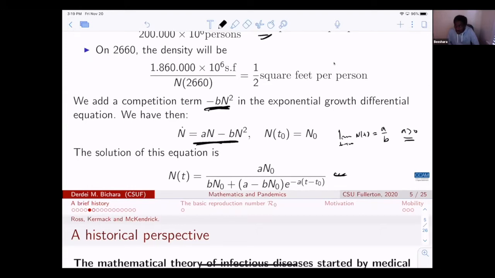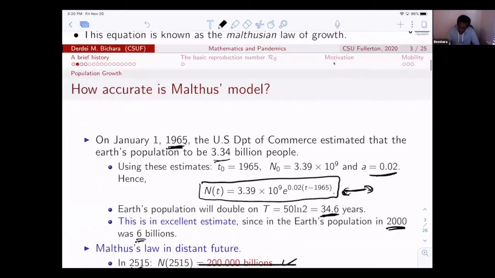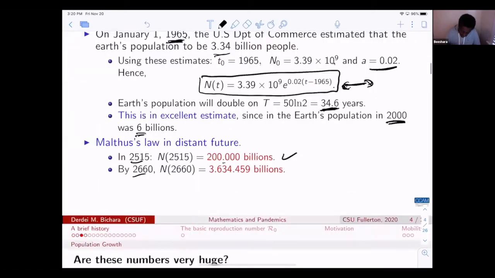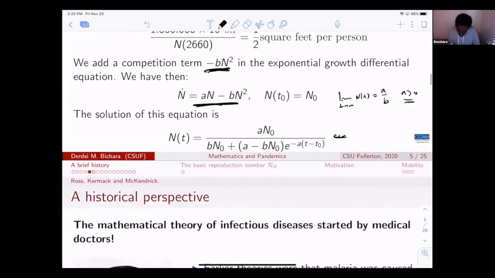So that means the population will never exceed some sort of capacity. It will not explode. It will not have the explosion that we had here. So the graph will be, for the exponential, that's what we got. And now for the logistic, we'll be getting something like this. Good.